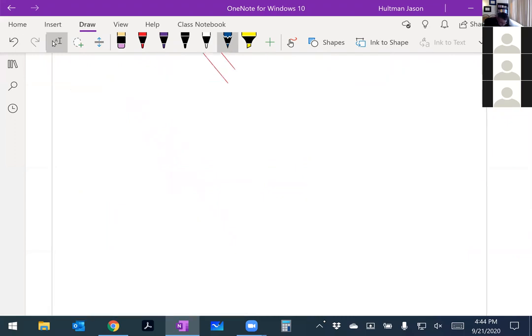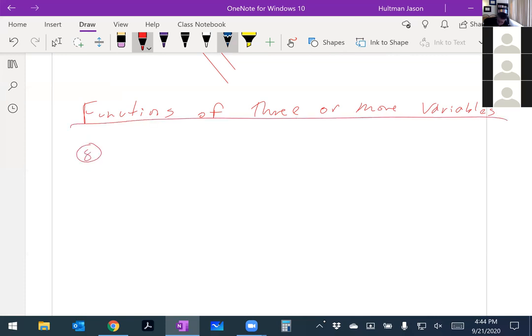Okay, functions of 3 or more variables. Okay, functions of 3 or more variables. 8.